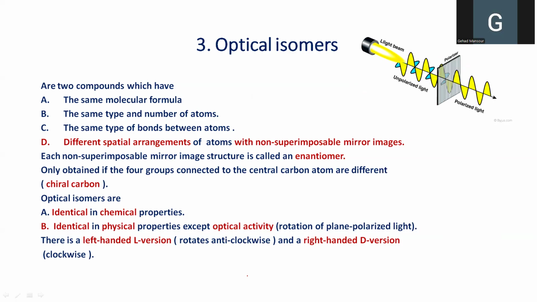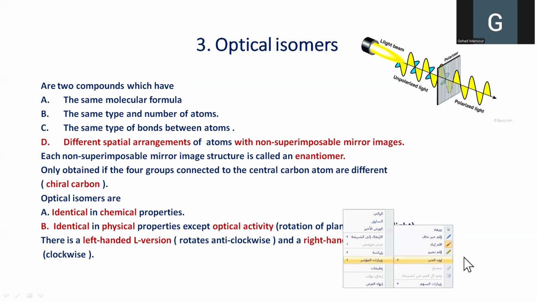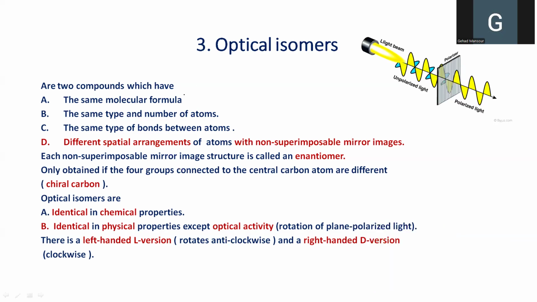They have the same type and number of atoms, of course, because they have the same molecular formula. They also have the same type of bonds between the atoms, but they have different spatial arrangements.